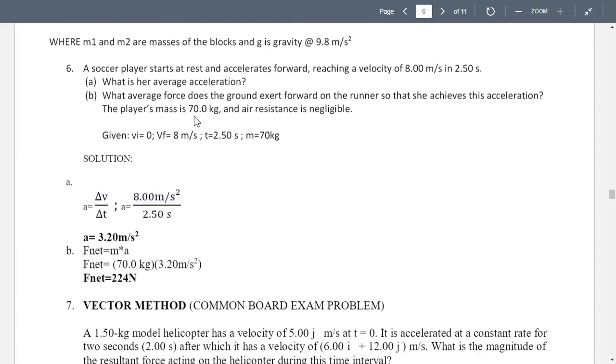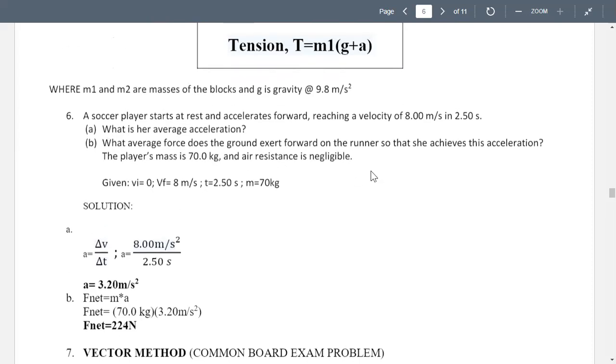The player's mass is 70 kilograms and the air resistance is negligible. So we are given the following variables. This one is your final velocity, and then at rest makes it initial velocity, and then this is your time. And then the 70 kilograms is actually the mass of the player.